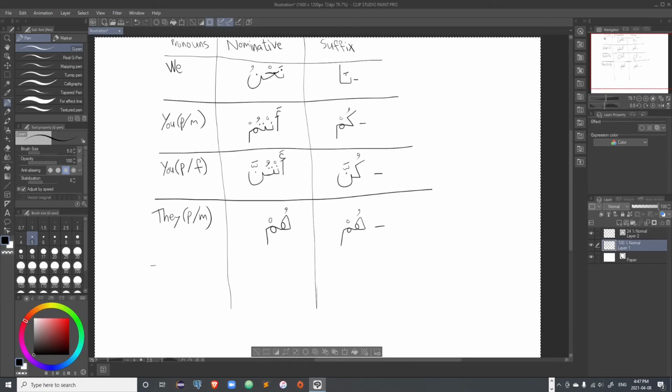Lastly, we have the they, plural, feminine. Starts with the same letter as the dual feminine they, huma, but we will add the feminine noon.